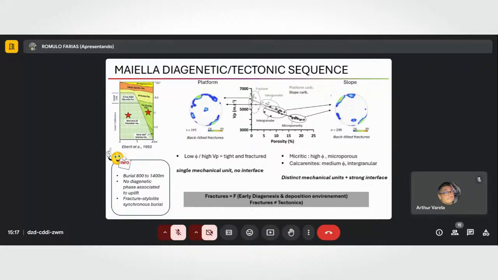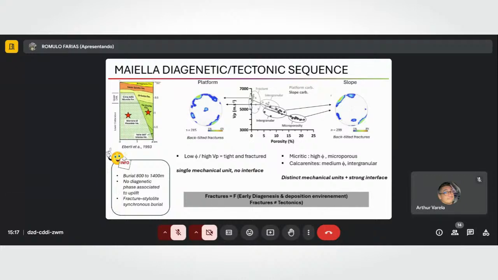So that means that in the single mechanical unit, we have low porosity, high VP, and it's tight and fractured. And we have no interfaces. And in the slope, we have distinct mechanical units, strong interfaces, and high porosity, especially located in the mud, in microporous space, and strong interfaces.